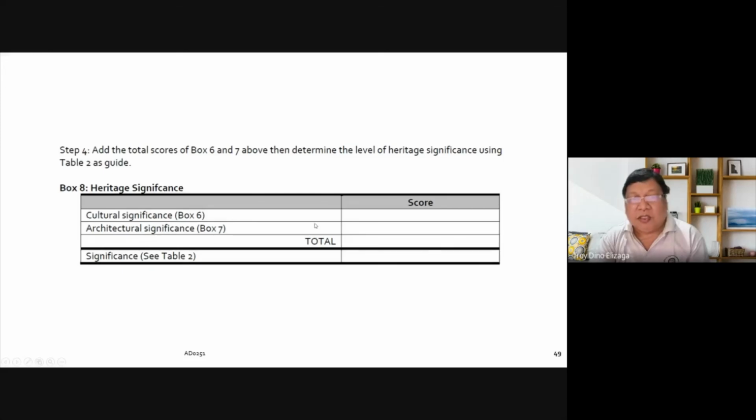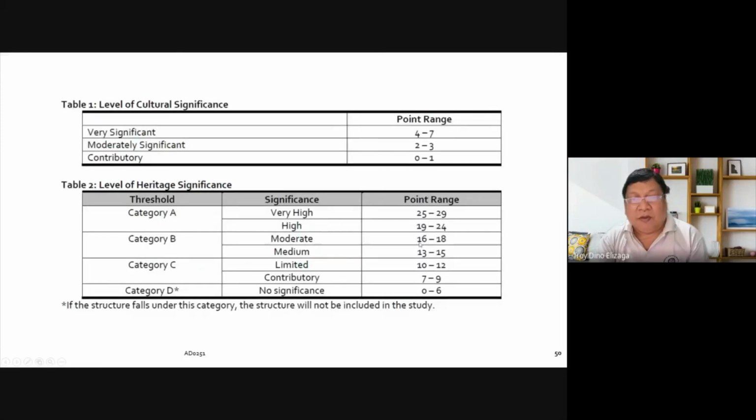Table 2 we use in this one. After we total the cultural and architectural significance, we take a look at where it fits here, whether it is in categories A to D, whether it's very high, high, moderate, medium. If it falls in category D, it means that it is not included in the study because there is no significance. Now, there is supposed to be a corresponding description for categories A, B, and C, which will state the policies acceptable in terms of management, whether it should be preserved or reconstructed or adapted or whatever.